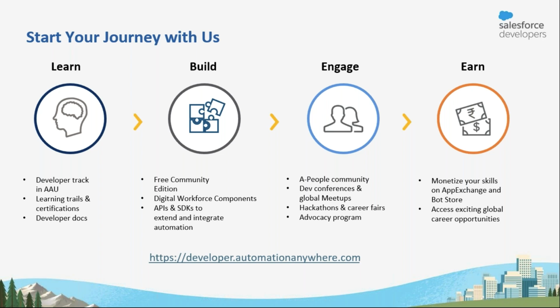The URL is as shown here, developer.automationanywhere.com. And if you want to look at all the RPA bots available on the bot store, this is where you will have to head to, botstore.automationanywhere.com, and then you can use the filters to look at specific bots related to the Salesforce application.